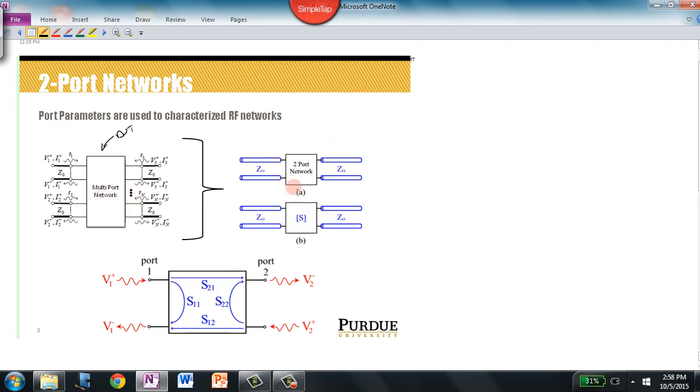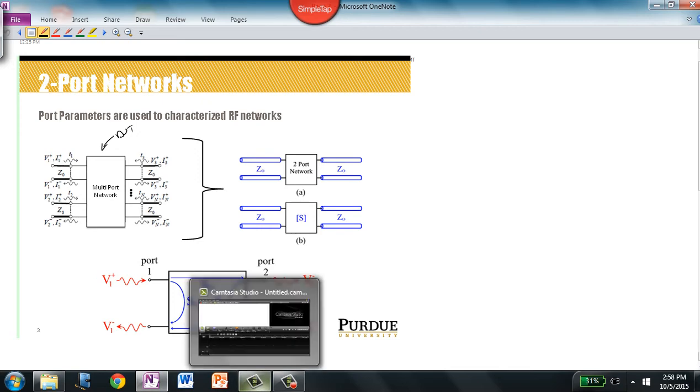In this course we're just going to focus on two-port networks, so all of our port parameter matrices are going to be 2 by 2, or 4-element, matrices. We're going to look at these S parameters in a lot more detail soon, but for now you just need to understand that port parameters are a method to model the operation of a network, a component, a circuit, or a system based on the characteristics of its input and its output.